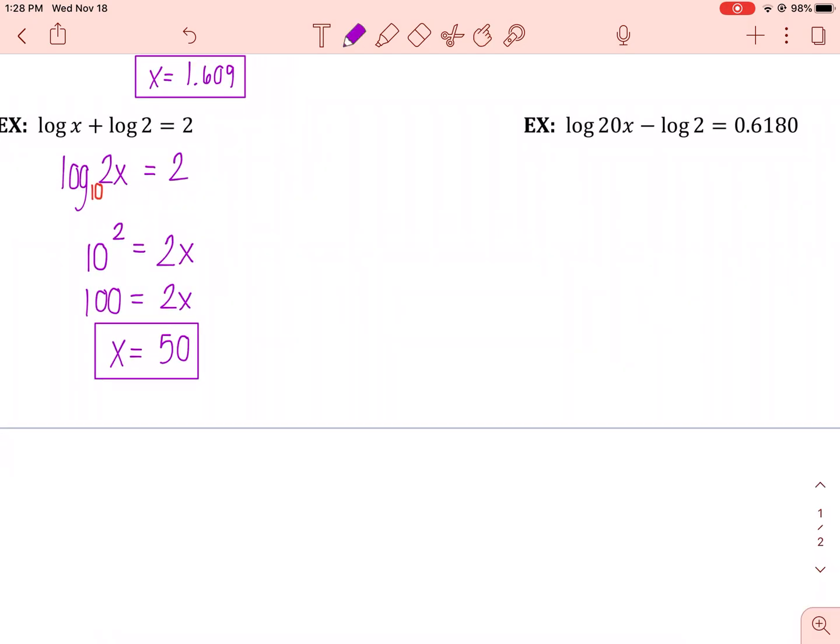You could also have something that looks like the last example. Log of 20x minus log of 2 equals 0.6180. You're in log, so let's simplify. When you are subtracting like logs, you're going to divide your arguments. I'm going to show what that looks like.